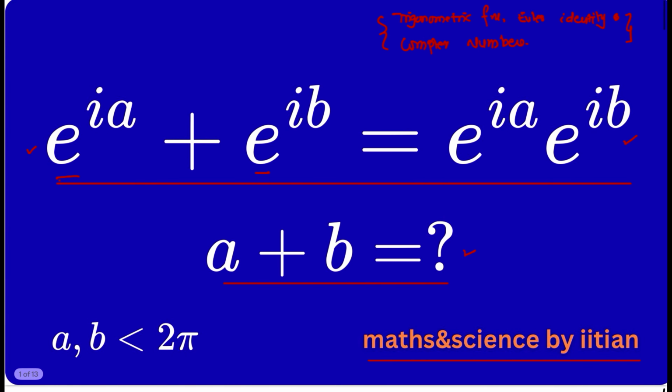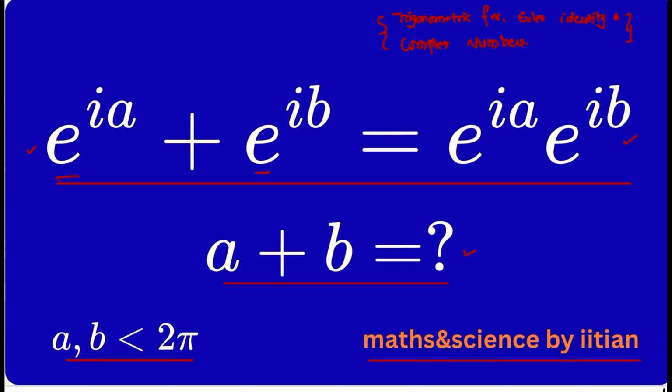And the only condition we have is that a and b both are less than 2 pi. Single equation and two variables. If a and b are found to be integers, then it can be a Diophantine equation, otherwise it is not a Diophantine equation.